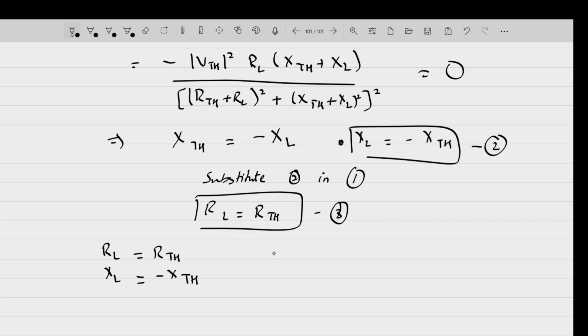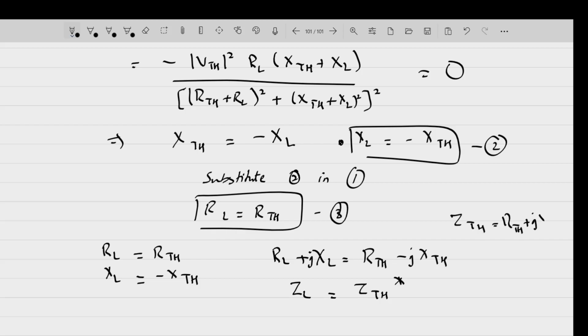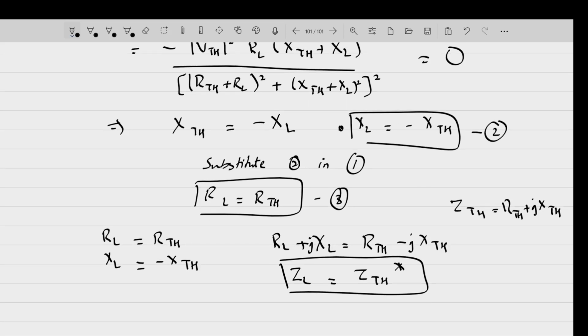In other words, RL plus jXL is equal to RTH minus jXTH, and if we put j here, ZL is equal to, this is not ZTH, this is the complex conjugate of ZTH. ZTH is equal to RTH plus jXTH. This term here represents the complex conjugate of it. So ZL is equal to the complex conjugate of ZTH.